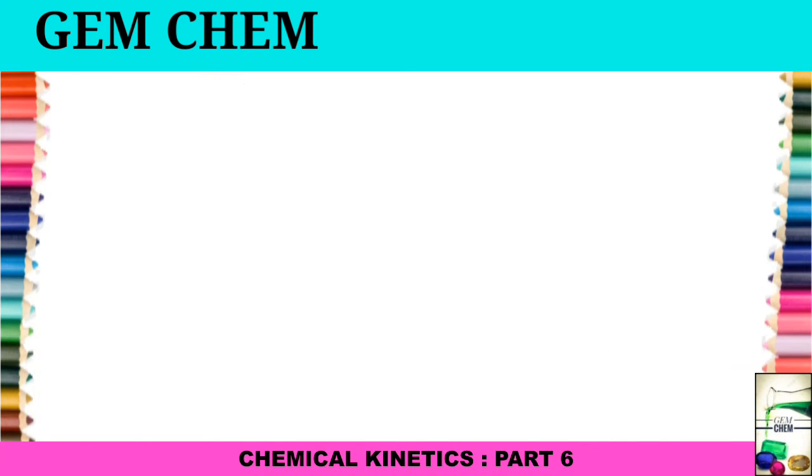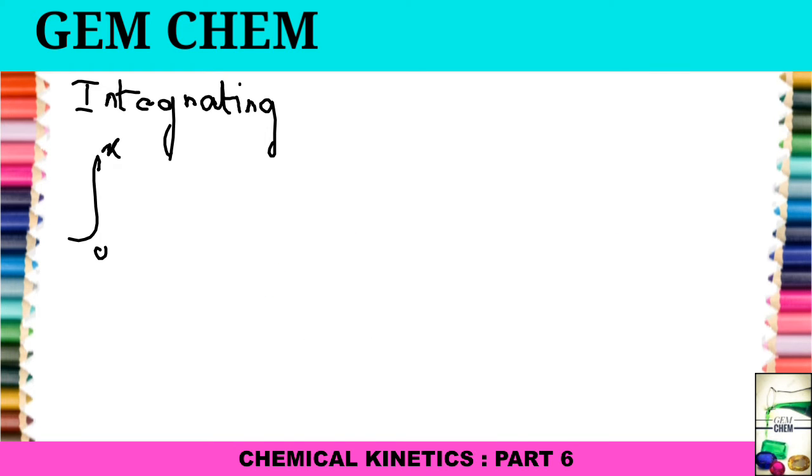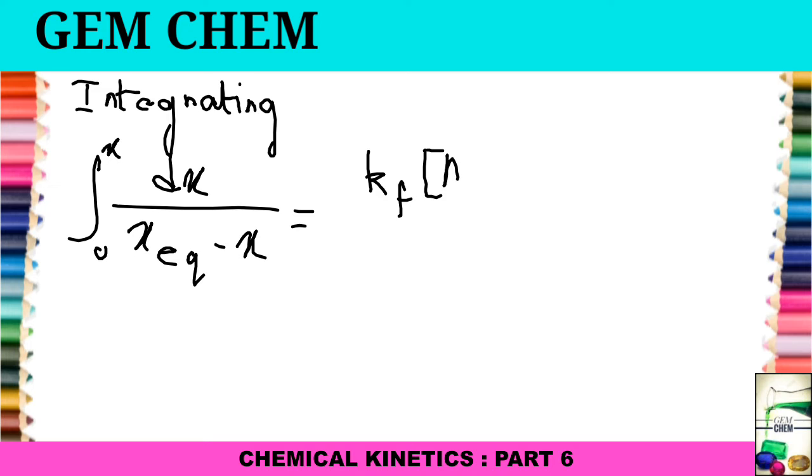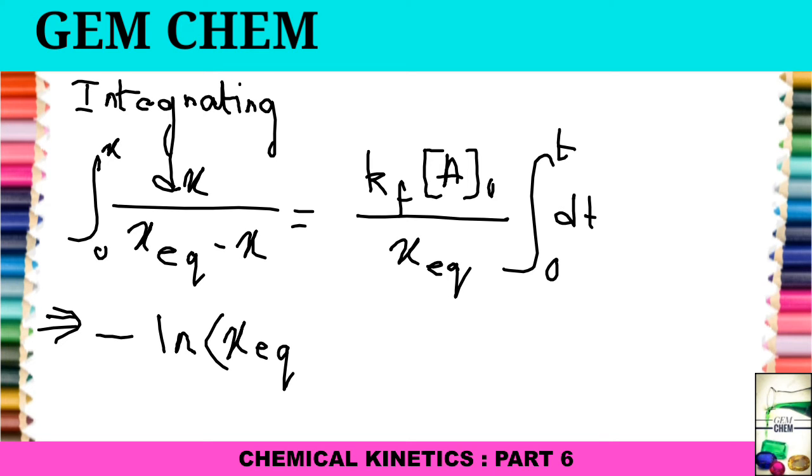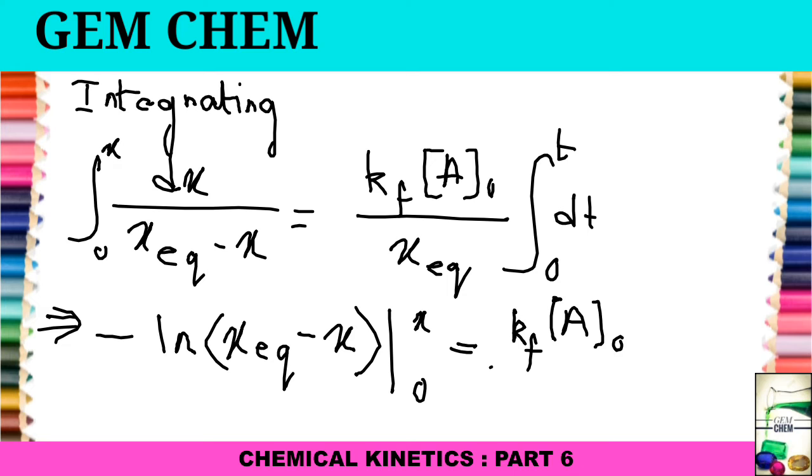Next we will see this equation in the integrated form. Take X up and down 0, dx by X equilibrium minus X equals to Kf A naught by X equilibrium integration 0 to t dt, and what comes is like this, minus ln X equilibrium minus X 0 to X equals to Kf A naught concentration by X equilibrium t.